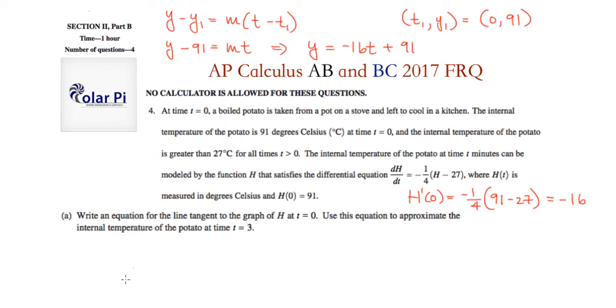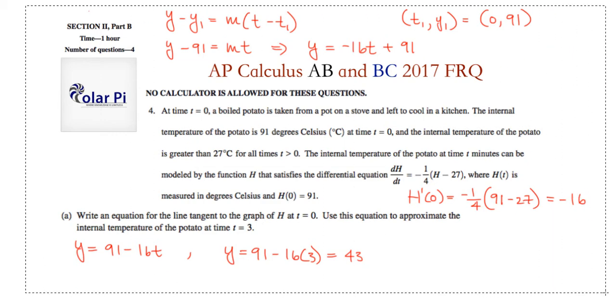Since our tangent line has equation y equals 91 minus 16t, we know that at t equals 3, the estimate of the value of h will be y equals 91 minus 16 times 3, which is 91 minus 48, which I believe is 43. That's it for part A, and on to part B.